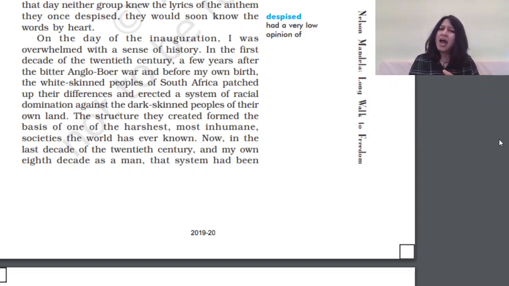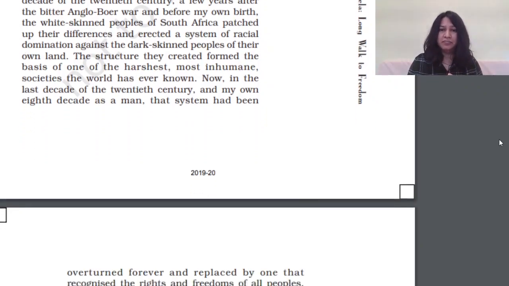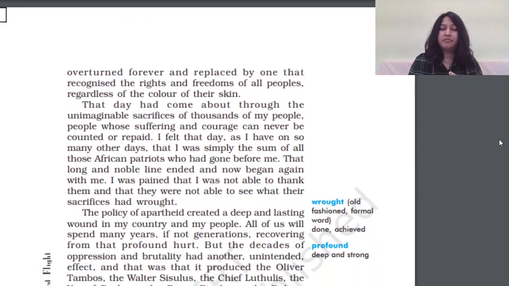Now, in the last decade of the 20th century and my own 8th decade as a man, that system had been overturned forever and replaced by one that recognized the rights and freedoms of all peoples, regardless of the color of their skin. That day had come about through the unimaginable sacrifices of thousands of my people whose suffering and courage can never be counted or repaid.